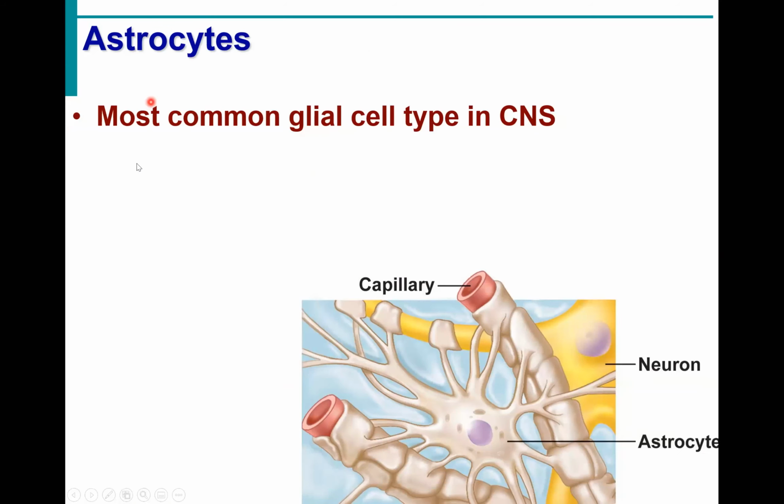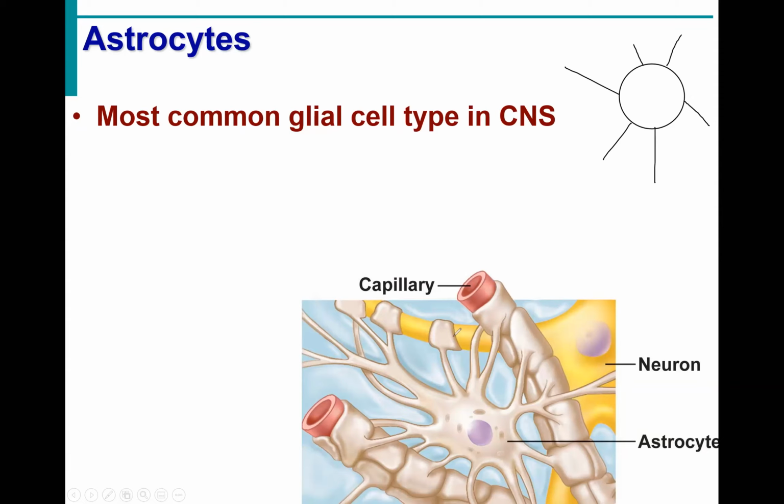Starting first with the astrocytes. As it says here, these are by far the most common glial cells in the central nervous system. You can see where they get their name. They have a big, huge, centrally located cell body, and then they have a large number of big processes that come out, so they look like big stars.